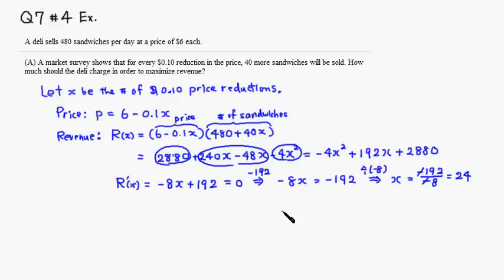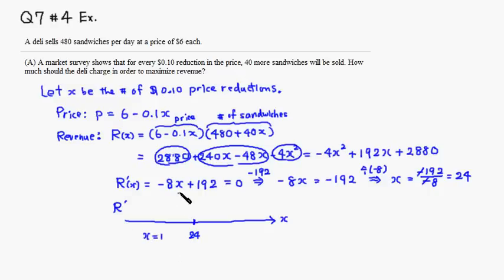So we just have to make sure that at the critical number, this revenue function is the largest. So I'm going to go ahead and do the number line just to make sure that we have an absolute maximum at the critical number. The critical number is 24. Then we're going to look at the sign of the derivative, R prime. Try any number less than 24. I like 1, so I'll just try 1, or you can try 0 if you want.